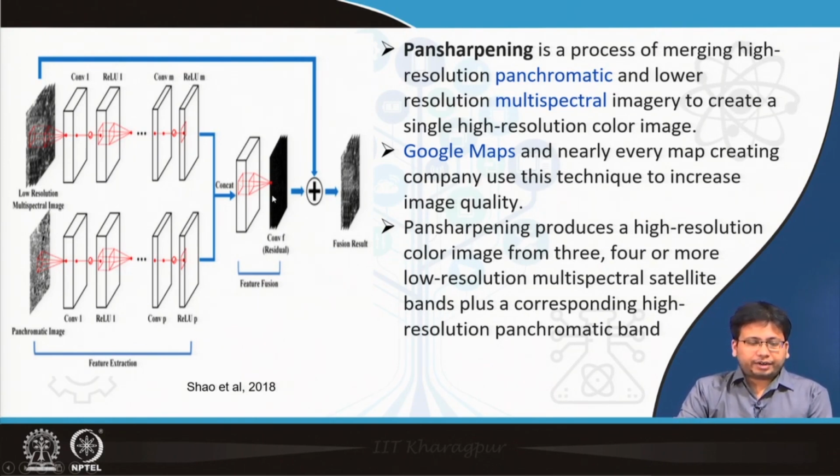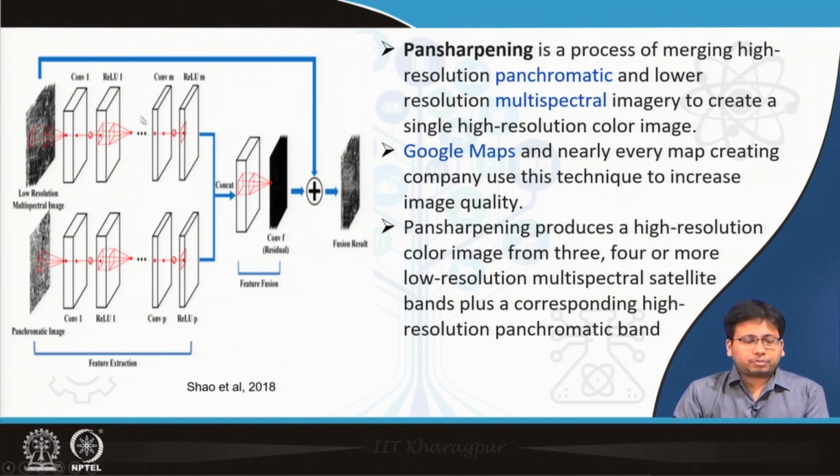They are concatenated and a residual is computed, and so there is this skip connection. The residual is then associated with the input low resolution image, and finally we get the output.